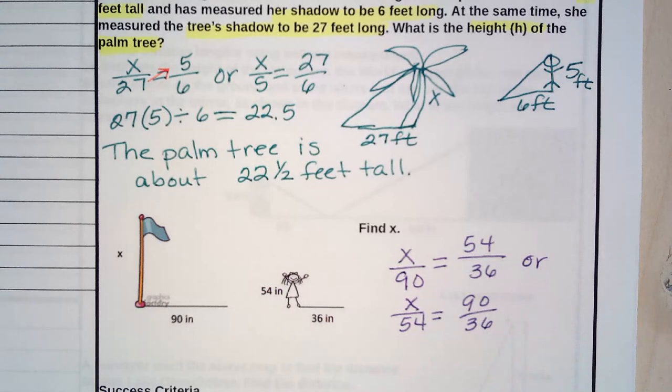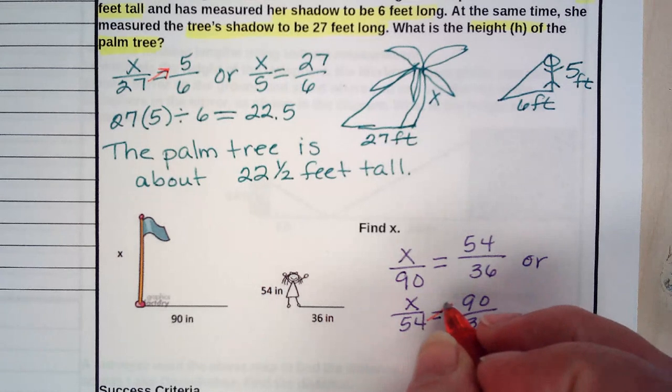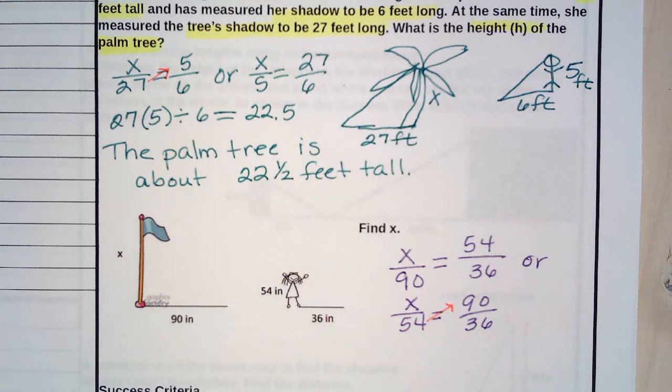Either way, you're going to start out by multiplying 54 and 90 together and then dividing by 36.